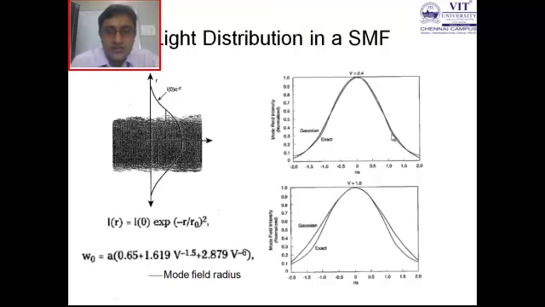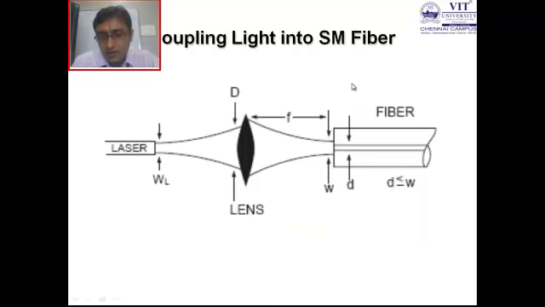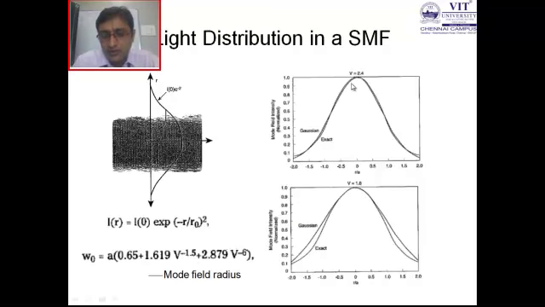A light distribution in SMF, you generally have, that is what I've been talking about. The optical power, if you can observe, is maximum at your midpoint and tends to slowly decrease towards the border of the core. Now you can see the optical intensity concentrated in the optical fiber is an exponential function of its mode field radius.